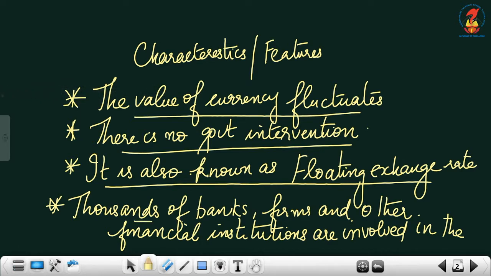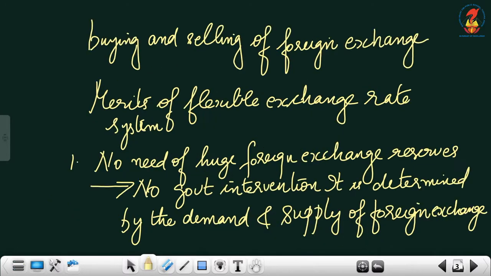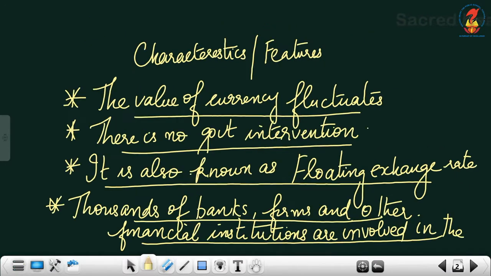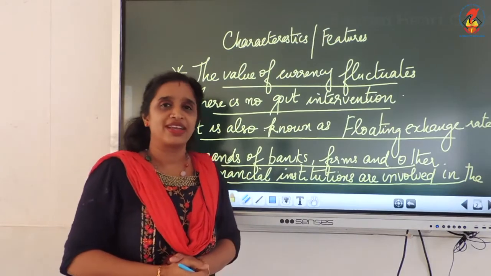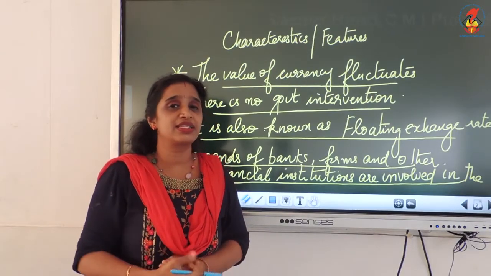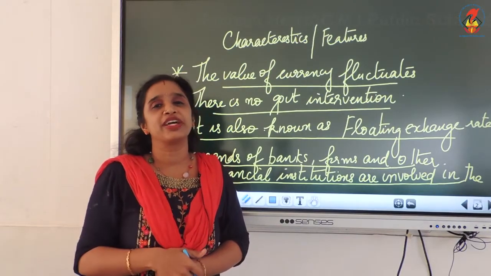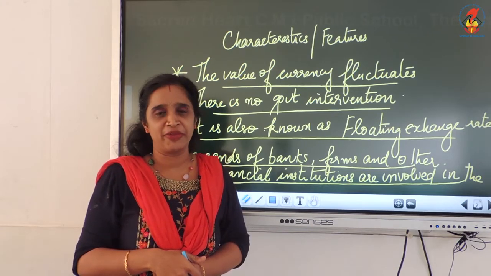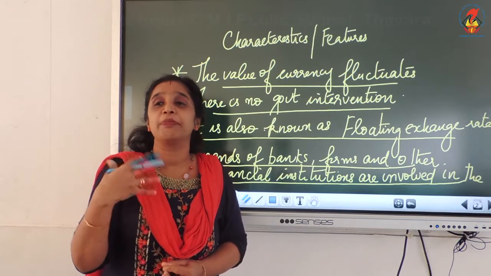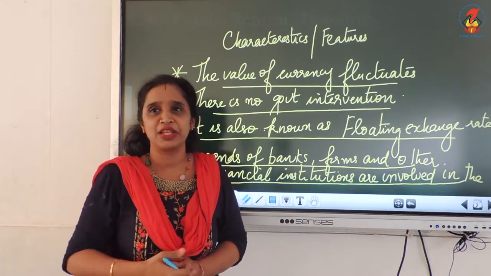Next is thousands of banks, firms and other financial institutions are involved in buying and selling of foreign exchange. I told you in the foreign exchange market, this flexible exchange rate system is determined by the forces of demand and supply. The people who demand and people who supply, buying and selling process.